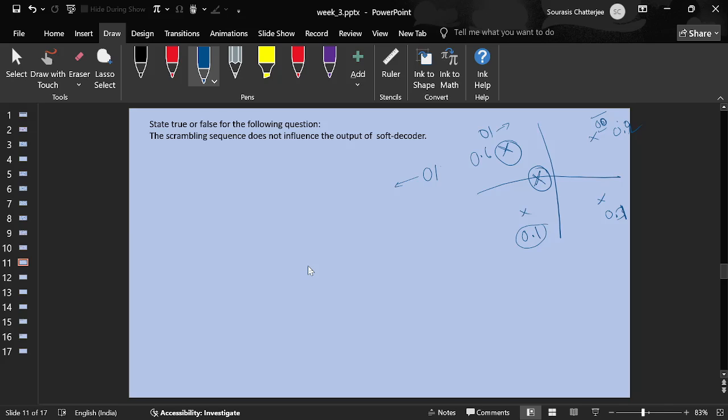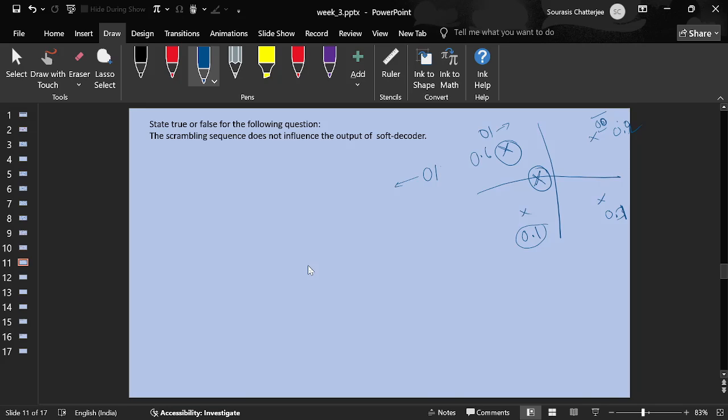Let's say at the demodulation stage, you have this bit, and I'm talking about BPSK only. So you have some probabilities of that being 0 and 1, right? Some fixed probabilities for that particular bit.